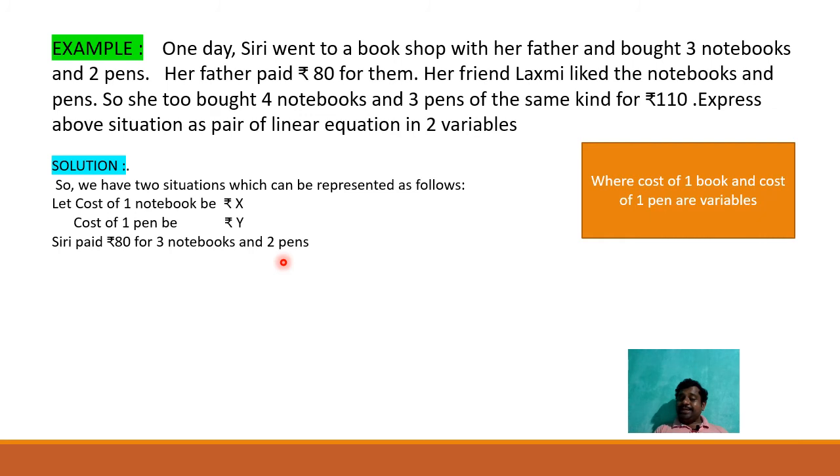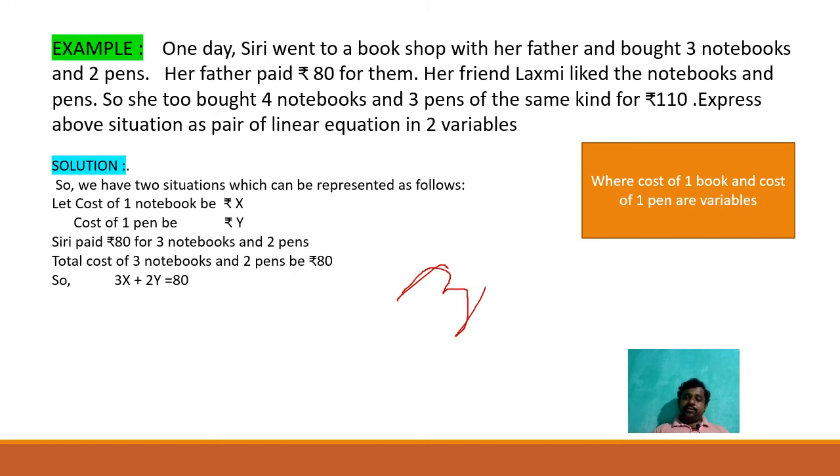That means the total cost of 3 notebooks and 2 pens together is 80 rupees. The cost of one notebook is X, so the cost of 3 notebooks is 3x.